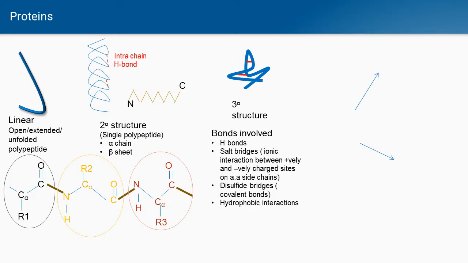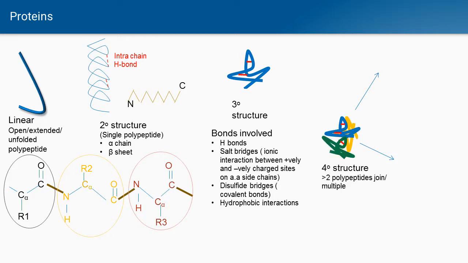Salt bridges are ionic interactions between the positively and negatively charged sites on amino acid side chains. Side chains are the R groups, which contain positively charged and negatively charged groups. These groups interact with each other and form salt bridges. Disulfide bonds are covalent bonds. These are strong bonds. Then come the hydrophobic interactions.